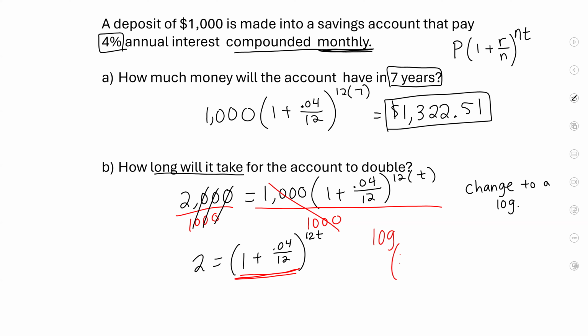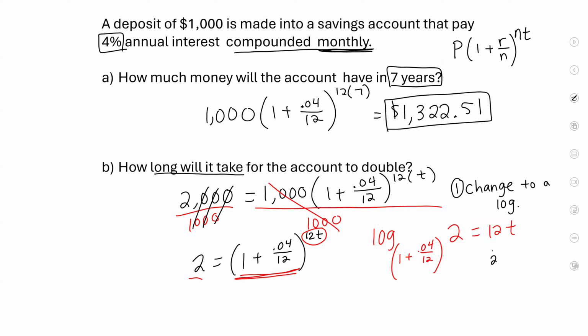So this will be 1 plus 0.04 divided by 12. And it's down there because it's your base. Your answer goes here. And remember, you write the exponent out here. Go ahead and change it to a log. So first you need to change it to a log.